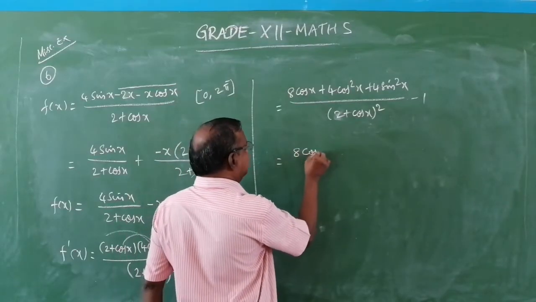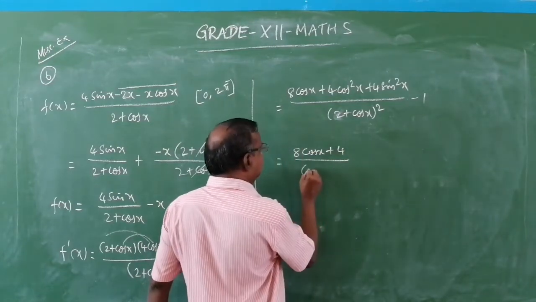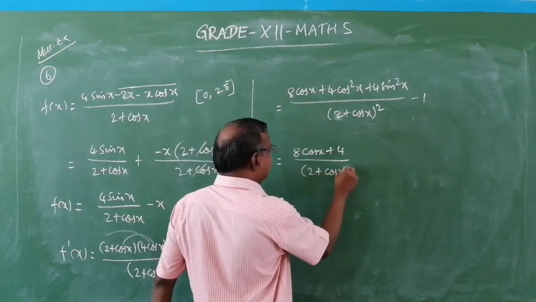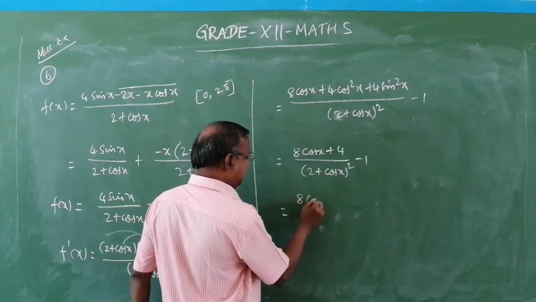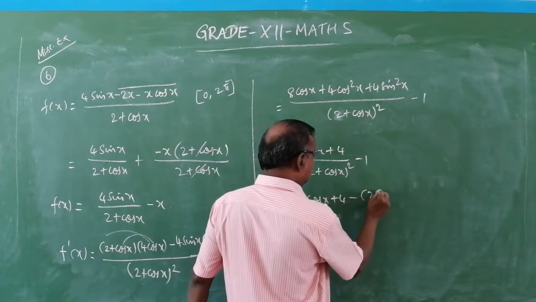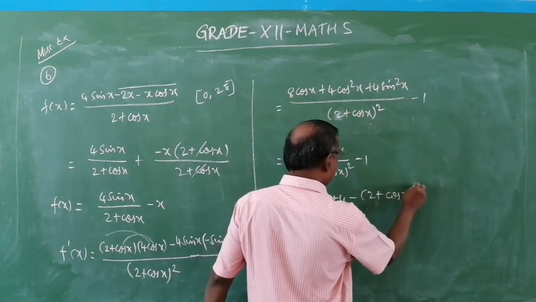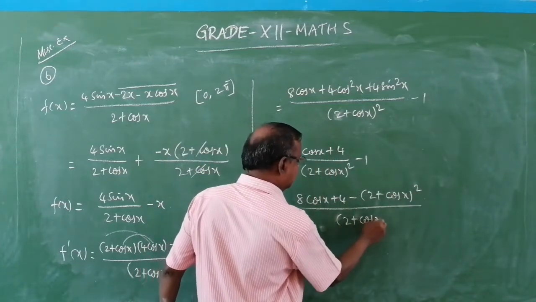8 cos x plus 4 divided by 2 plus cos x the whole square, minus 1. Taking LCM, 8 cos x plus 4 minus 2 plus cos x the whole square, divided by 2 plus cos x the whole square.